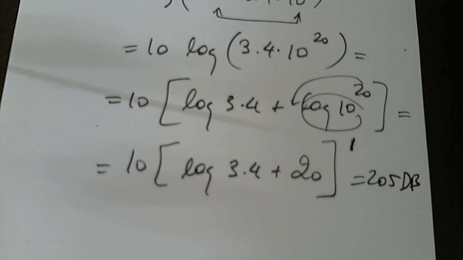Okay, now the other way to enter it is 10 parentheses common log of 3.4 multiplied by this second EE 20 and close. So in order to enter a power of 10, we have to use the second key and the comma.